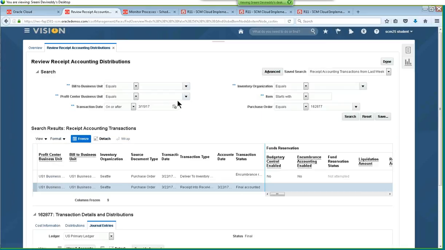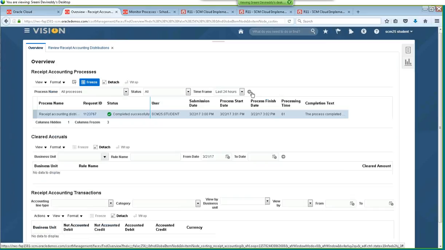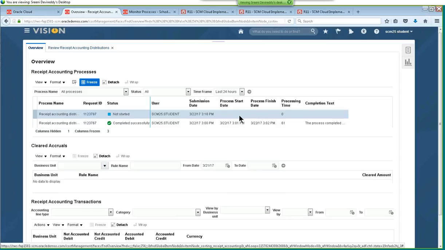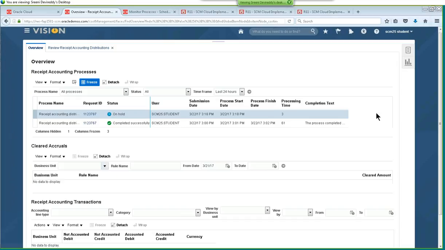Sorry, let me query the program. Okay, another question meanwhile: in the list of the scheduled processes that you are showing, we do not see the previous processes run. Yeah, that's expected. You will be able to see the previous processes of only yours, it's by user.